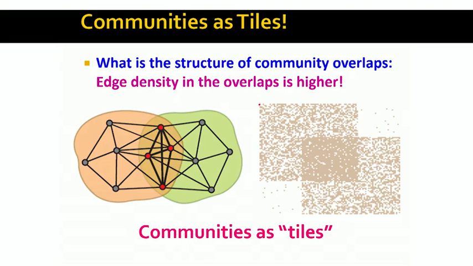The picture here with these dots is what is called a graph adjacency matrix. The way we can think of a network is as a big matrix where an empty spot means that a given pair of nodes is not connected, and a dot means that a given pair of nodes is connected.